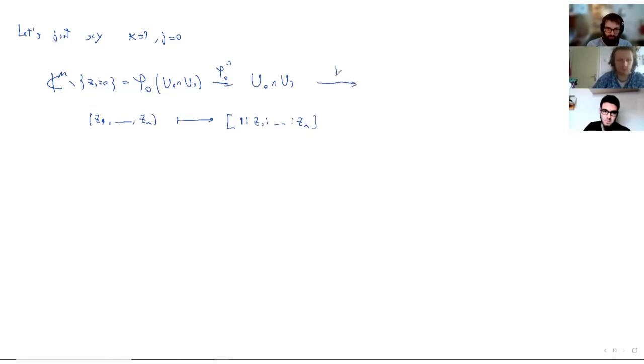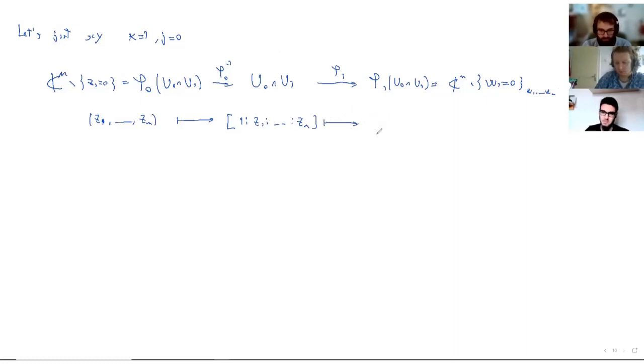And here you have our phi 1, or phi k in general. And here we go in phi 1 of U0 intersected U1, which you can think about as Cn minus W1 equals 0. I want to use a different name because this W1 is the first coordinate here, but it actually corresponds to Z0 in the projective space. So I hope you understand why I want to use coordinates W1 to Wn instead of just Z1 to Zn. So we have to divide everything by Z1.